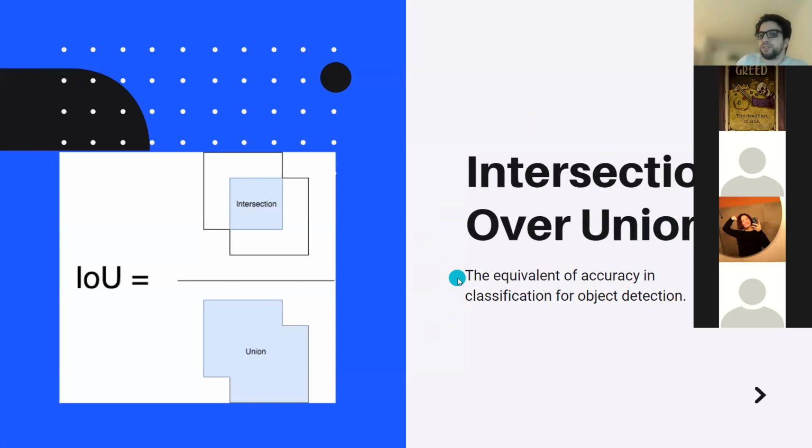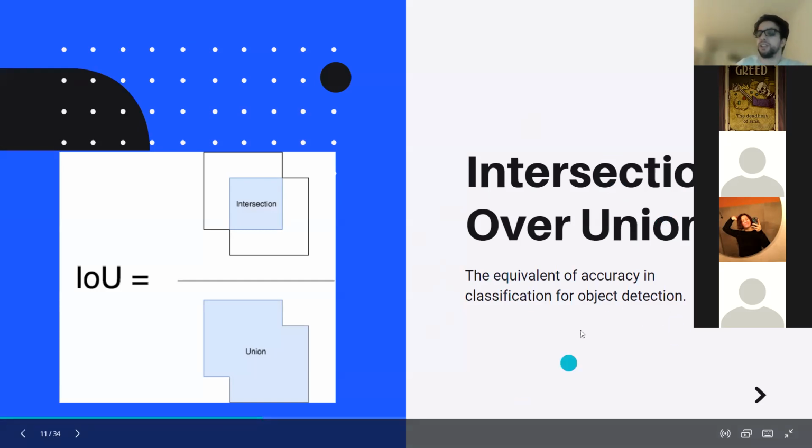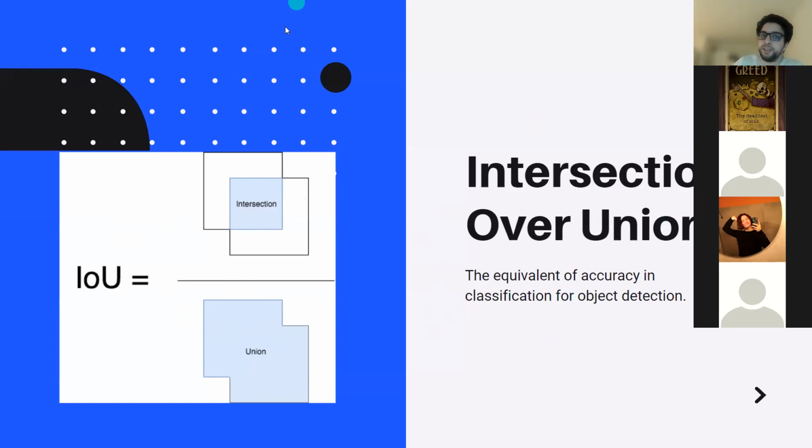Another concept that we covered was the intersection over union, which is the equivalent of accuracy in classification for object detection. This concept allows us to measure the similarity between two bounding boxes. These two bounding boxes can be two predictions, or a prediction and a real bounding box.